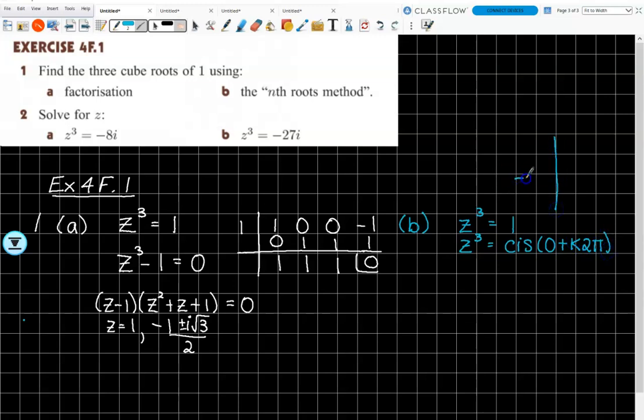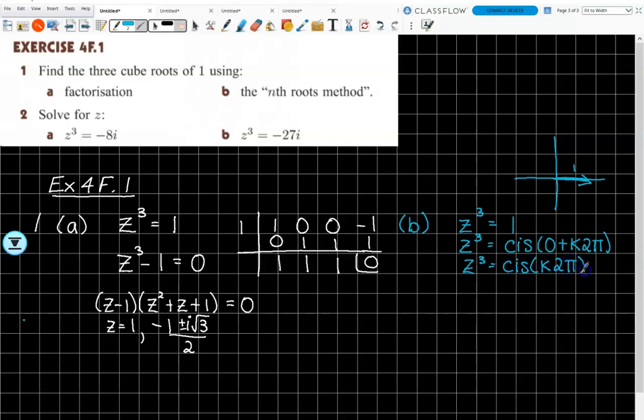Everybody happy why that is so? Because 1 on your real axis is at 0. Yeah? So therefore we have z cubed equals cis k lots of 2 pi.